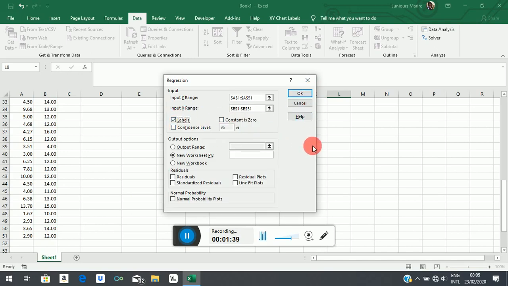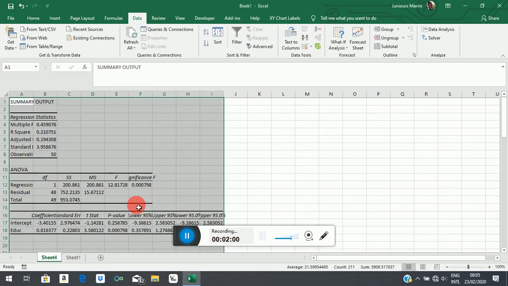The data includes labels. Now I want us to generate the residuals, that is the predicted error terms. So let's tick this one for now and say okay.